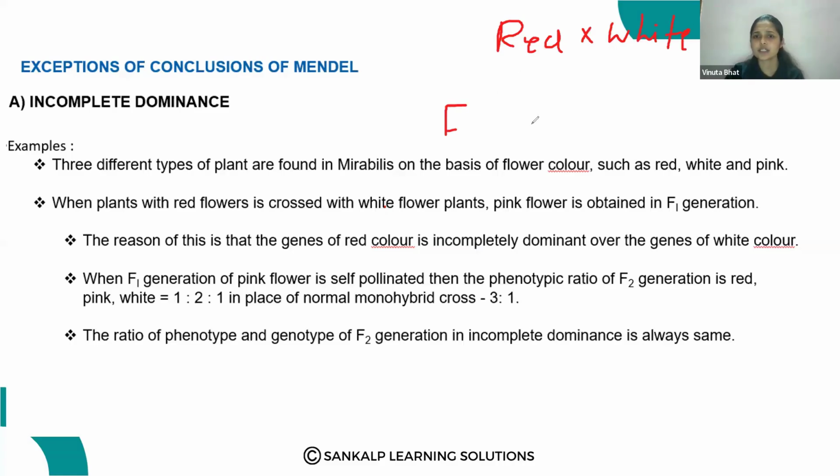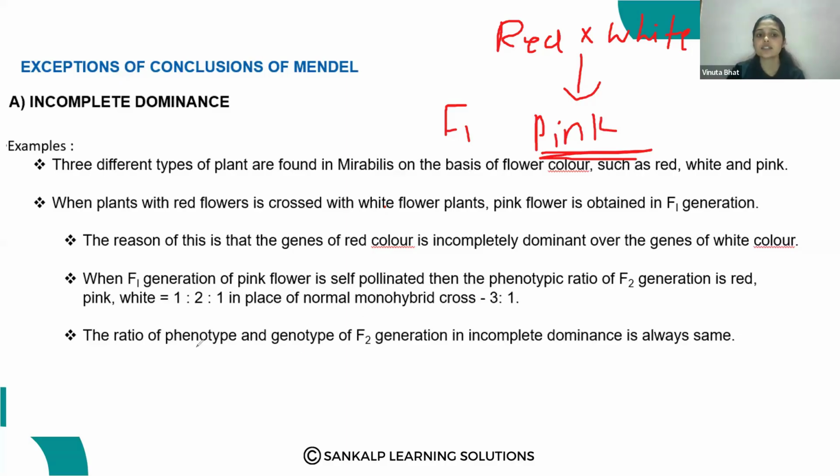In the F1 generation, according to the law of dominance, either red plants or white flower producing plants should be formed, right? But here, the intermediate color, that is pink color flowers, are formed in the F1 generation.